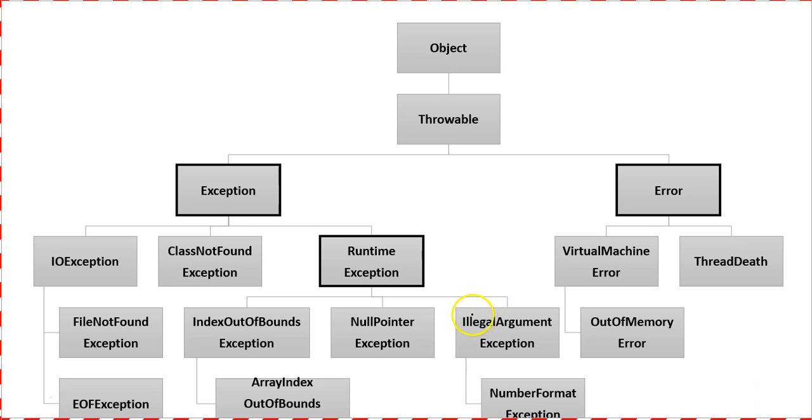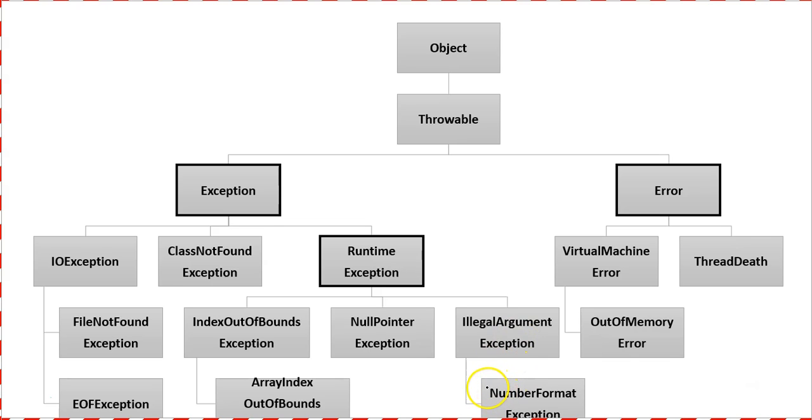For instance, if you ask a user to input a number and you try to convert that number from a string to an integer, and that conversion cannot be completed, say because they didn't enter a string that contains an actual number, then you'll get a number format exception.